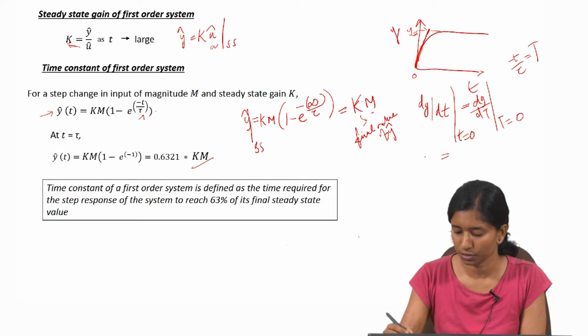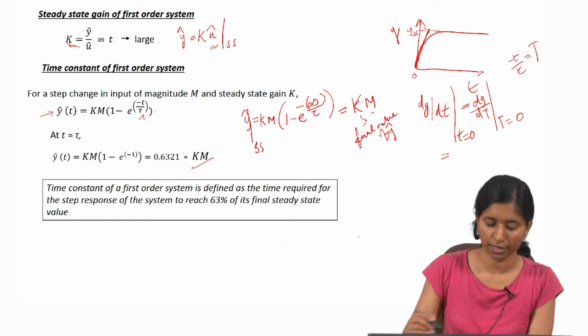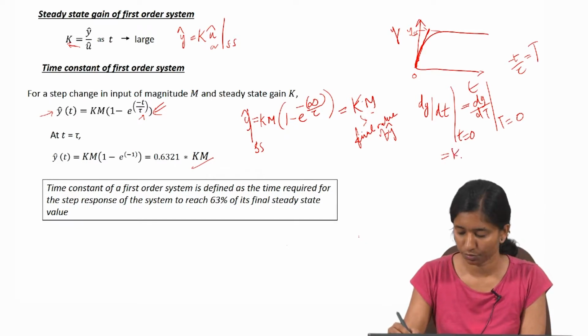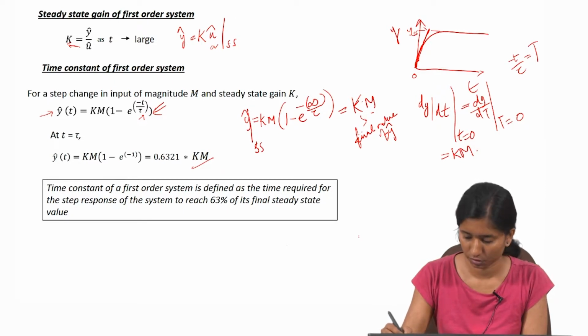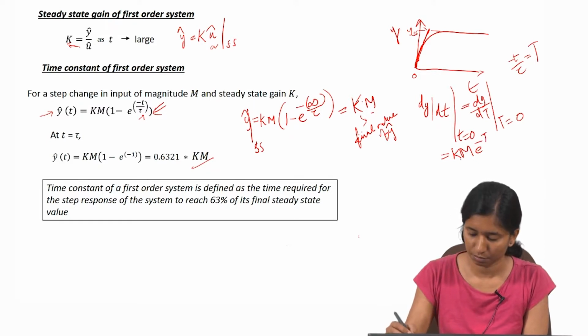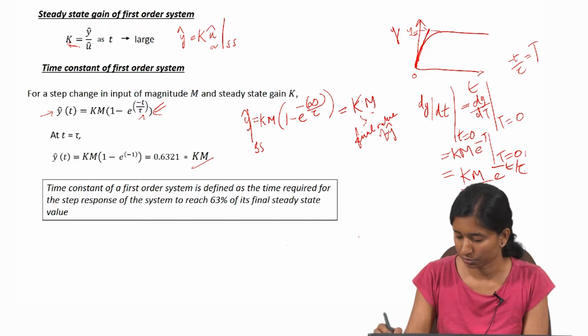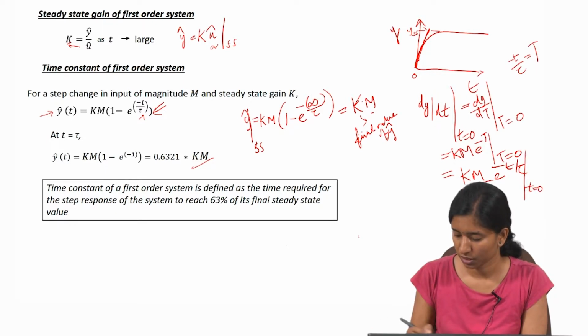So, if we do this, let us differentiate this particular expression here. What we will get is k m by tau e raised to minus t by tau at t equal to 0.